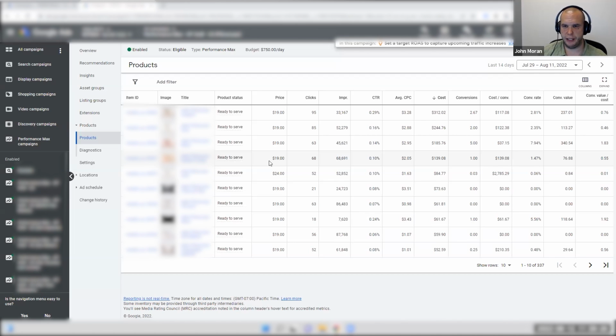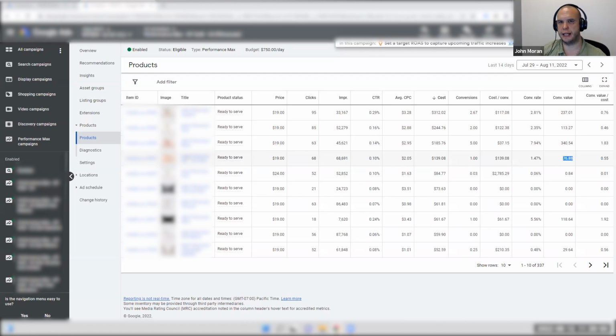So if this product here is getting $76 conversions on a $19 product, we know that it was either this product that was sold along with other products, or multiples of this product, or multiples of other products, or even 5 sales of something else. So all this is telling you is that there was a sale that made $76 that came from the click of that product.